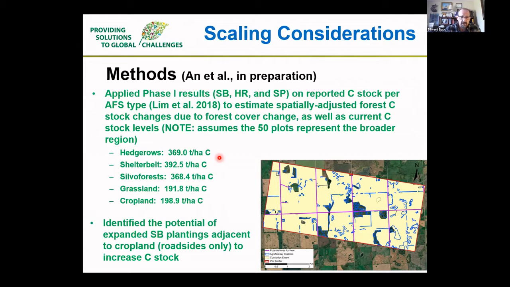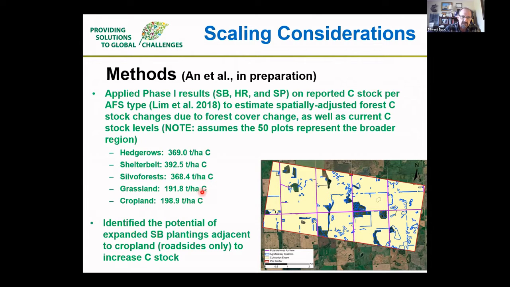And just to give you an idea of what the carbon stocks were that we were utilizing for this evaluation, the hedgerows, shelter belt, and silvopastoral forests are generally containing much higher total carbon stock. So that's everything, including the vegetation, the LFH or surface mulch, and also including what's below ground down to 1 meter.